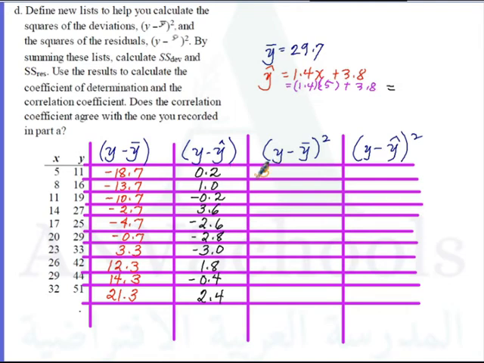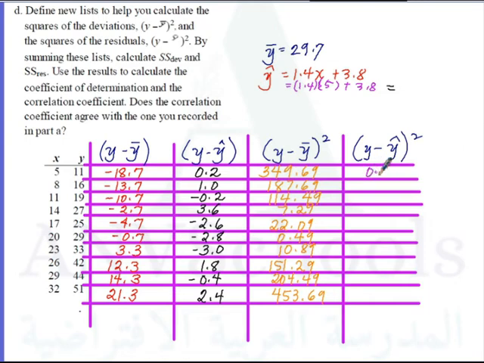So if you square this, it will give you 349.69, this is 187.69, 114.49, 7.29, 22.09, 0.49, 10.89, 151.29, 204.49, and 453.69. Now these are the squares for my y minus y hat square.